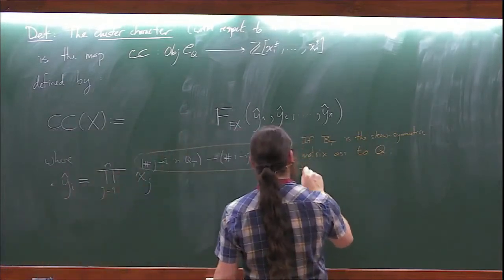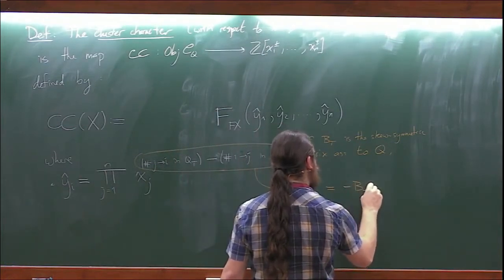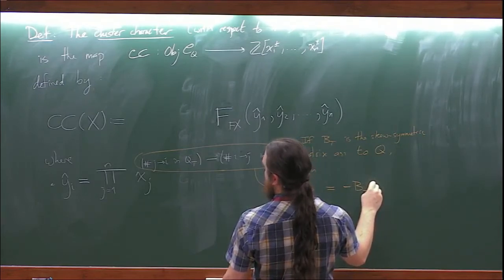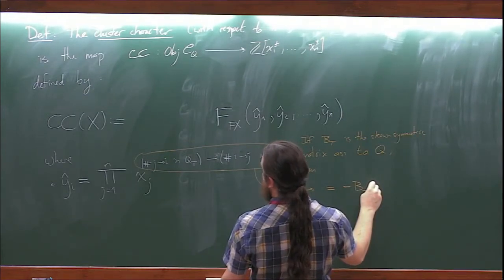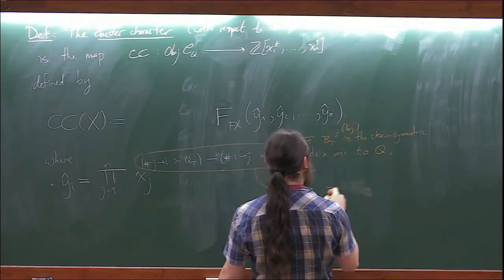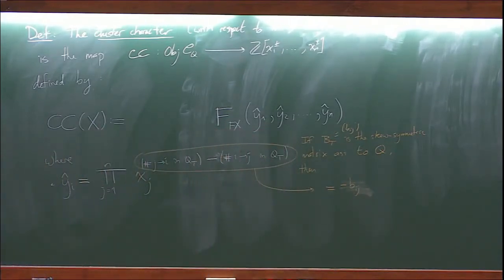Then this number is minus b_ij. There we go. So for those of you who prefer to think in terms of matrices instead of quivers, this is the definition.